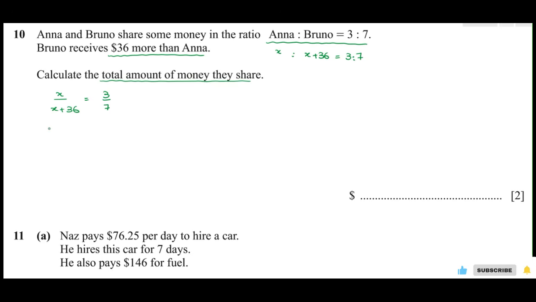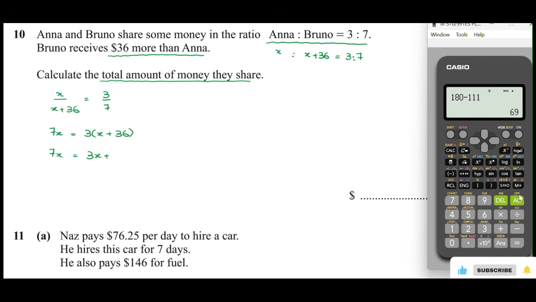Cross multiply, 7 times x is 7x, and then 3 times x plus 36. So here we have 7x, 3 times x is 3x, and 3 times 36 is 108.